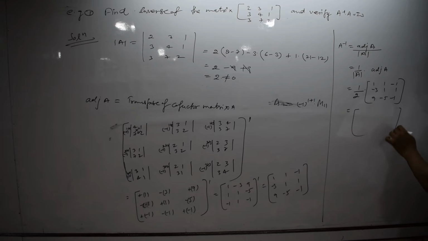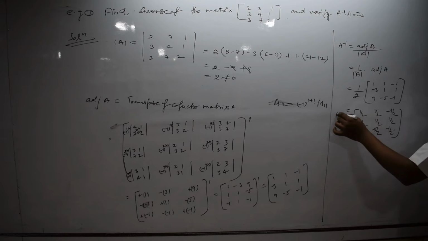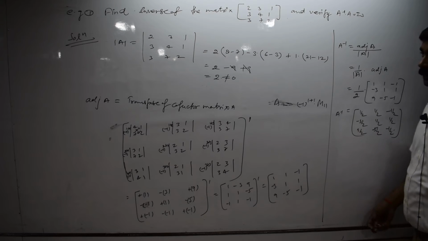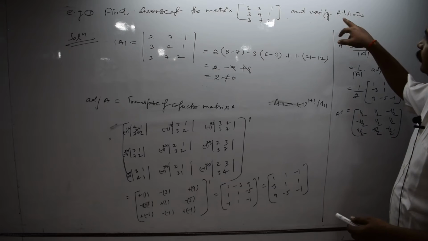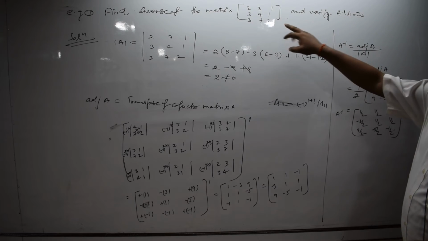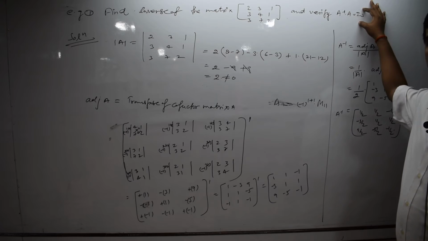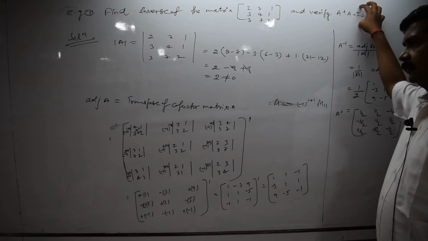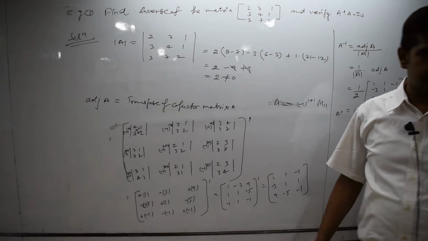We multiply it by 1 by 2 in all entries. So, this will be minus 3 by 2, 1 by 2, 1 by 2, 9 by 2, 5 by 2, minus 5 by 2, and this will be minus half also. So, this is the inverse of A. Now, after that we can easily multiply A inverse with A, and we get I3. I3 means the identity matrix of order 3, which is very convenient.